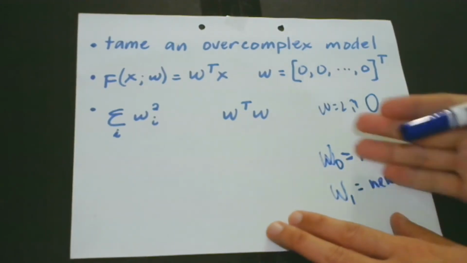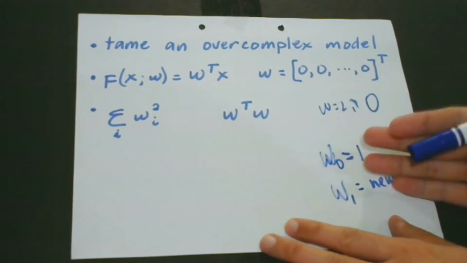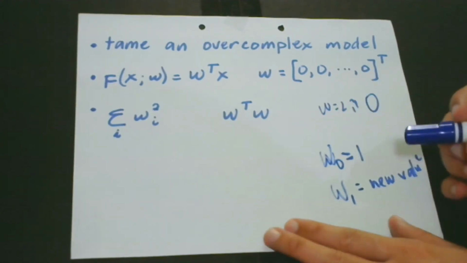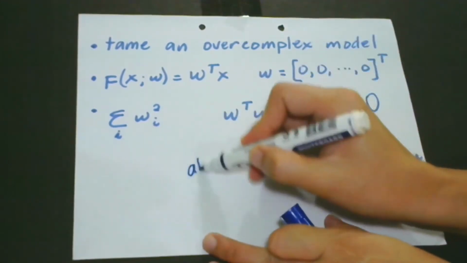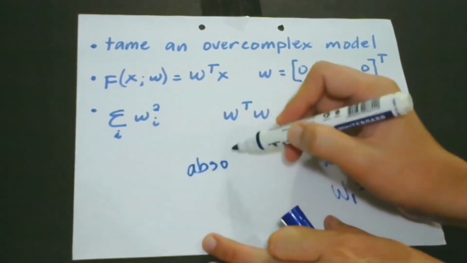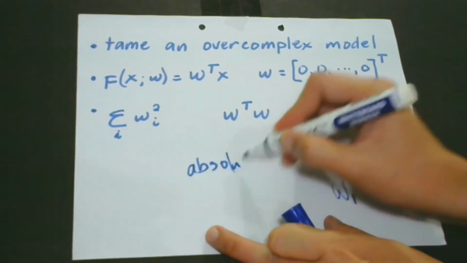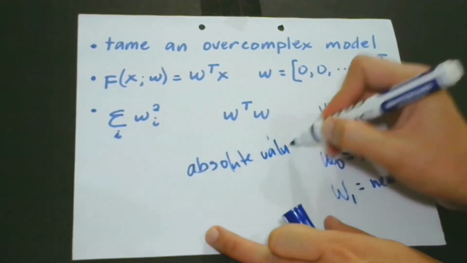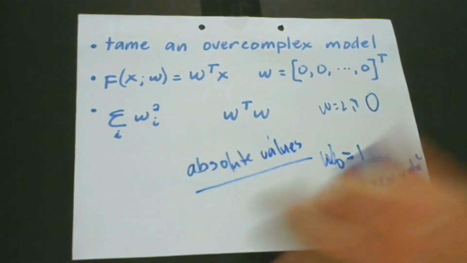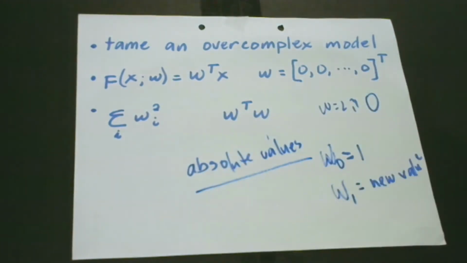Also, what we need to always take note of here is that we should consider absolute values. I want to write this for you to see so you do not forget. Again, we have to consider the absolute values only. Don't forget the word only.